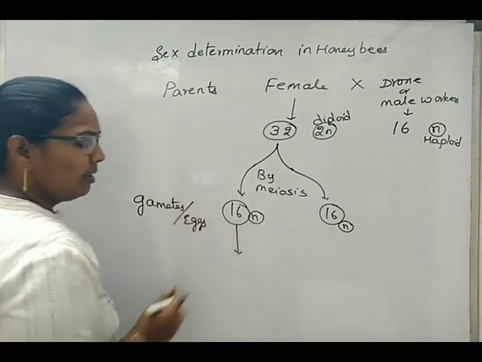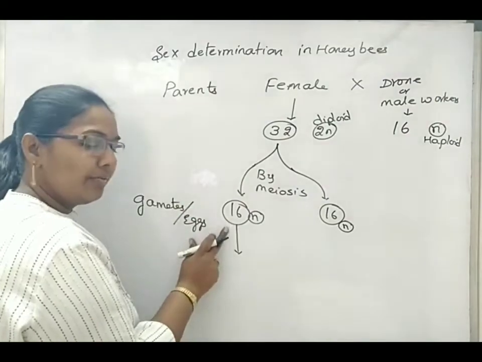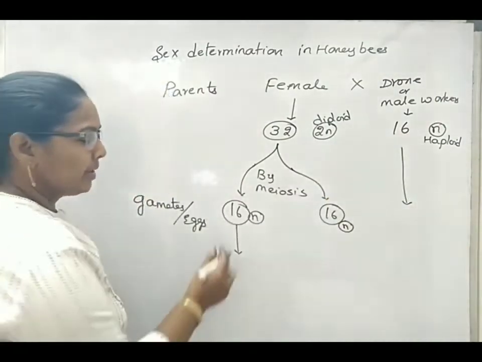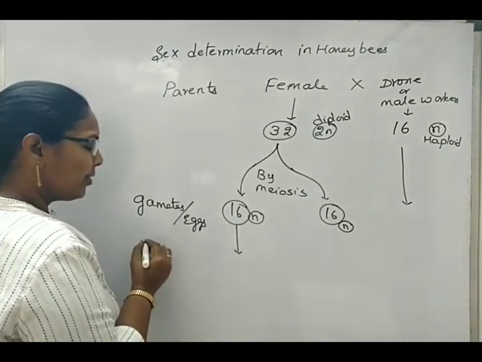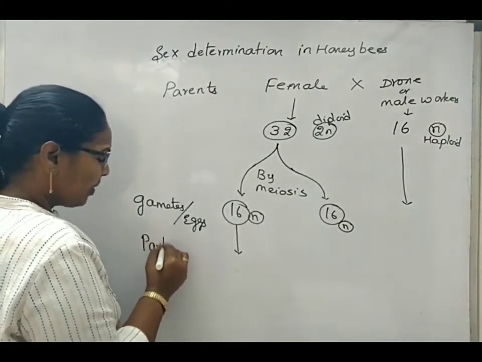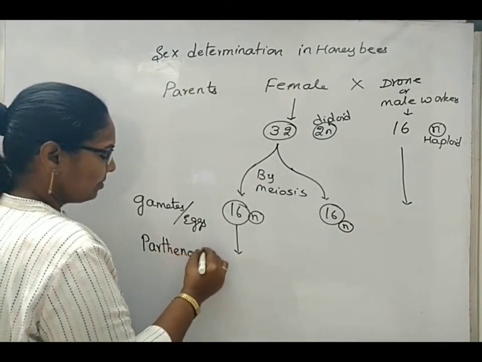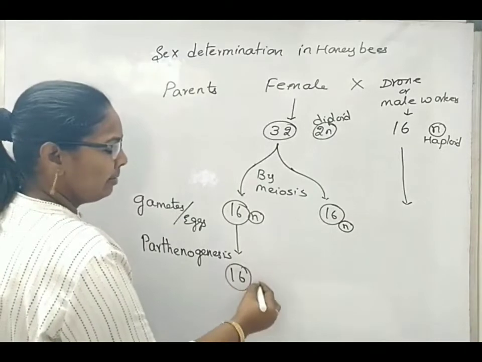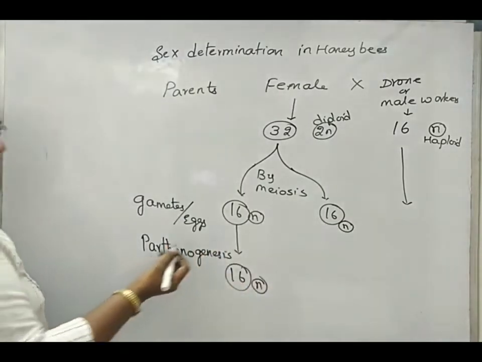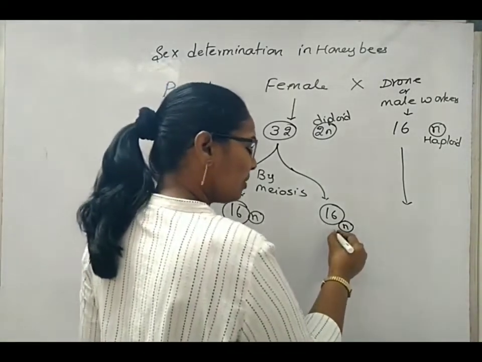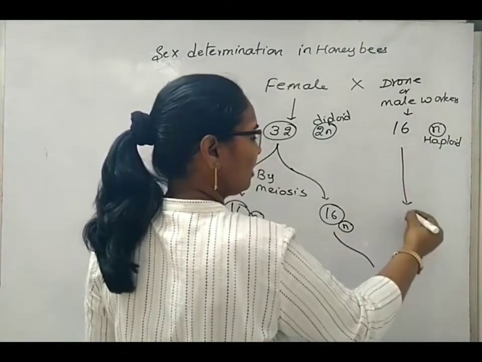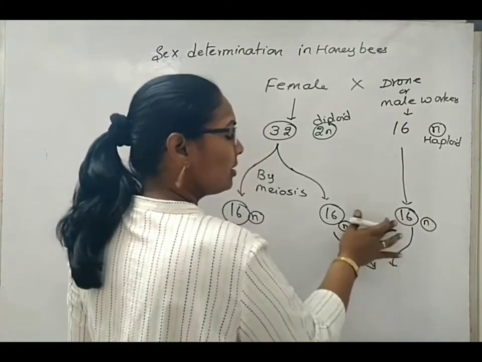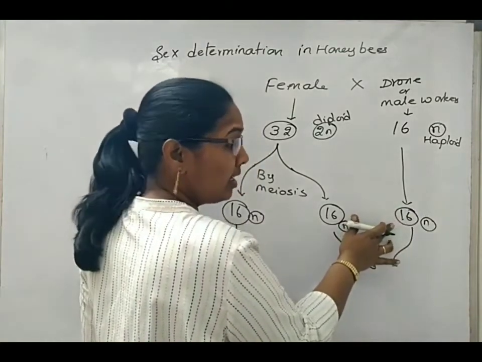Then some types of eggs will not undergo fertilization with the gametes from the male drones. This will undergo a type of unfertilization that is called parthenogenesis. It gives out males only. Now, some other gametes will be fused with sperms containing 16 chromosomes.